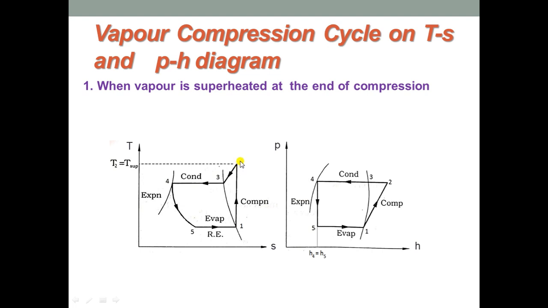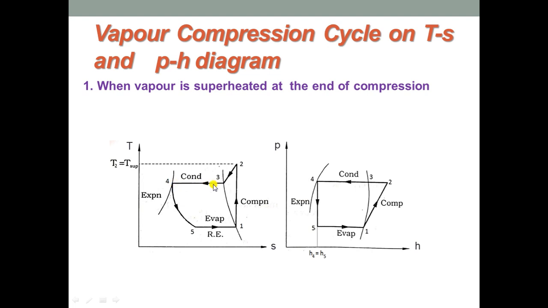De-superheating of the vapor takes place in the discharge line from point 2 to point 3, and in the first few coils of the condenser up to point 3, where the sensible heat is rejected to the surroundings. The vapor refrigerant at condition 3 now condenses to liquid state at constant temperature along the line 3-4.